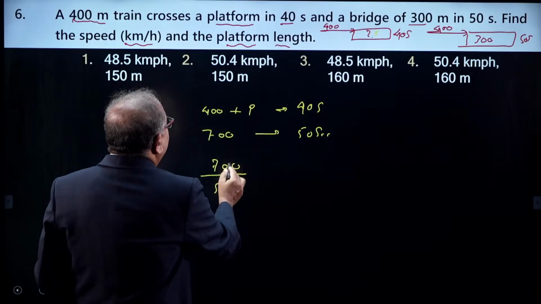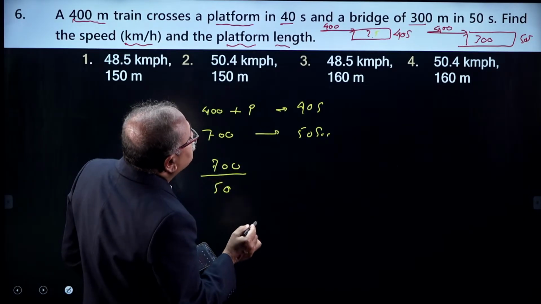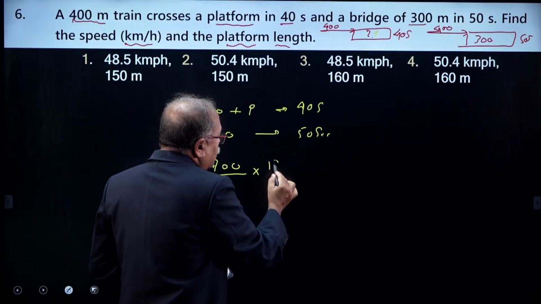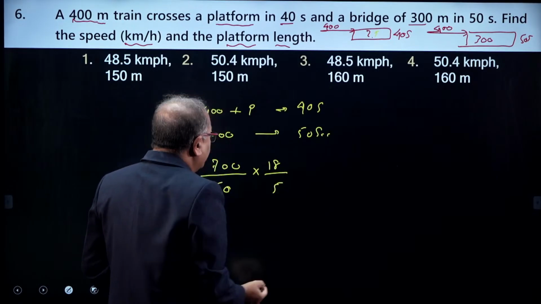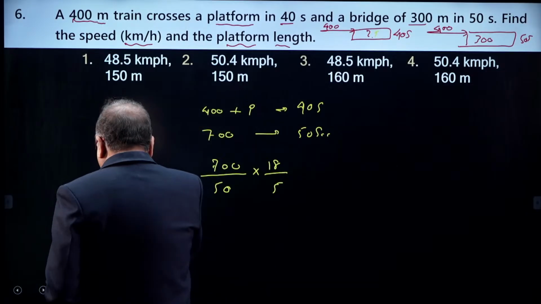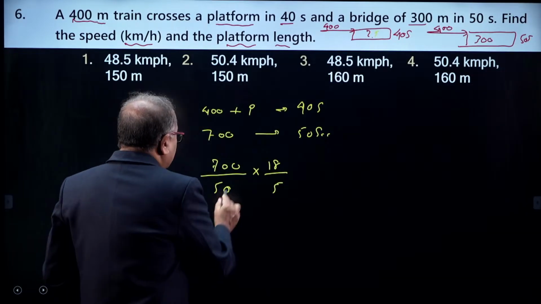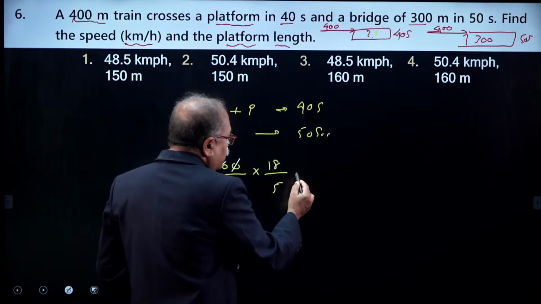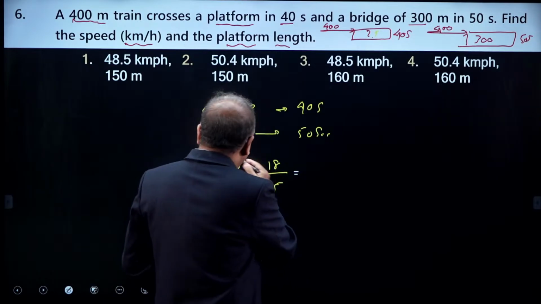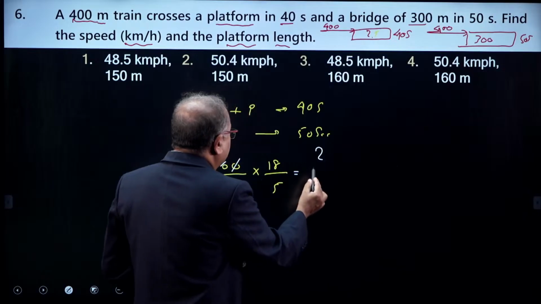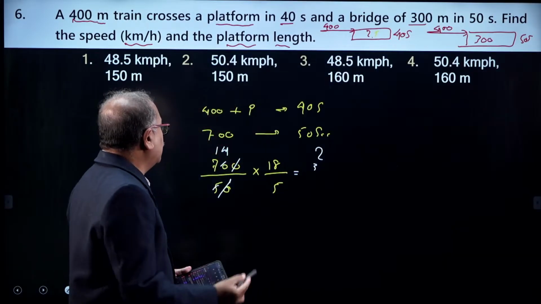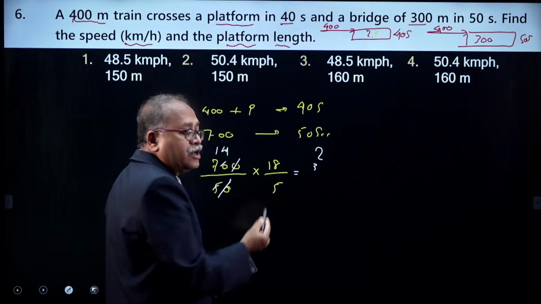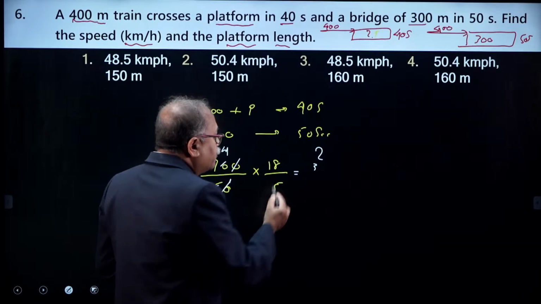I need to find out in kilometer per hour. So, obviously, I will multiply by 18 by 5, and when I cancel this, it is 14 into 18 divided by 5. So, 8 4s are 32 carry 3, and 14 plus 3 is 17 plus 8 is 25.